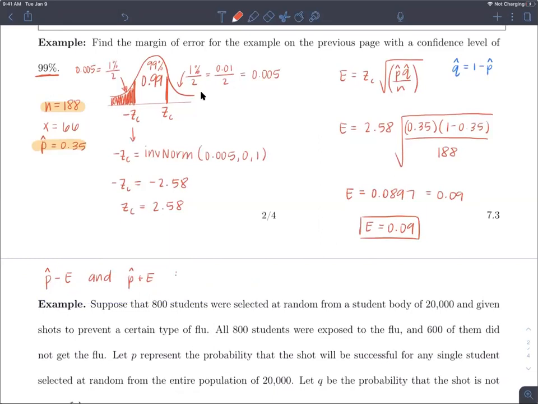So p hat minus e is equal to 0.35 minus 0.09. P hat plus e is equal to 0.35 plus 0.09.